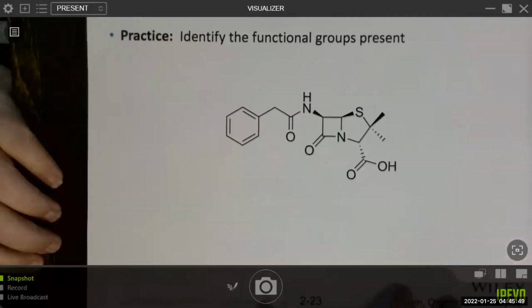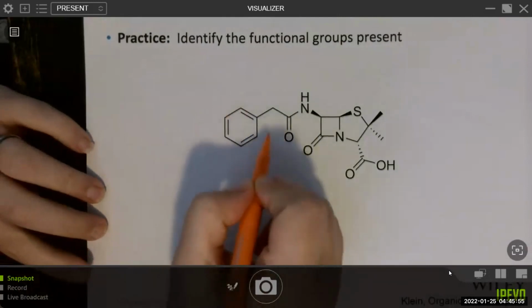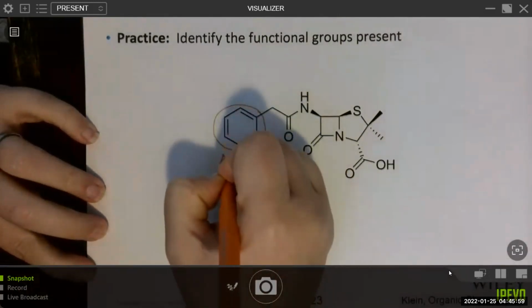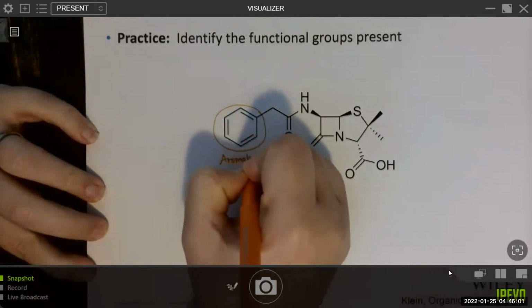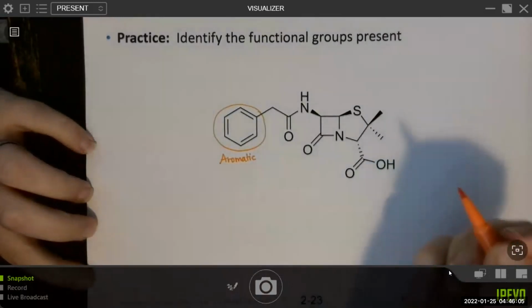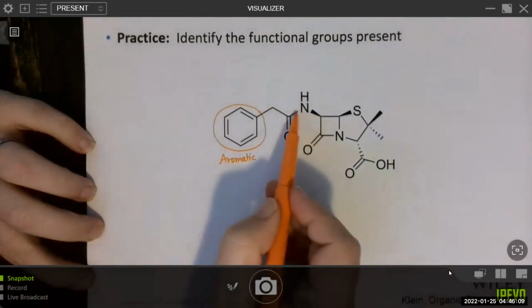Okay, I am ready to go over it. So let's go ahead and do that. So you might have recognized this one right off the bat, right? So we have an aromatic, sometimes called an aromatic ring. It's a ring. And then this one might have confused you. Maybe you thought, oh, I see an amine, right?